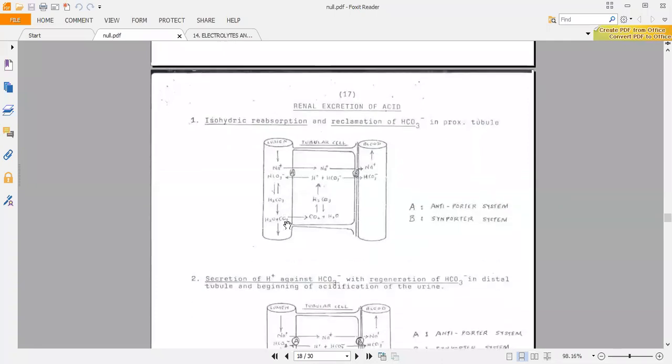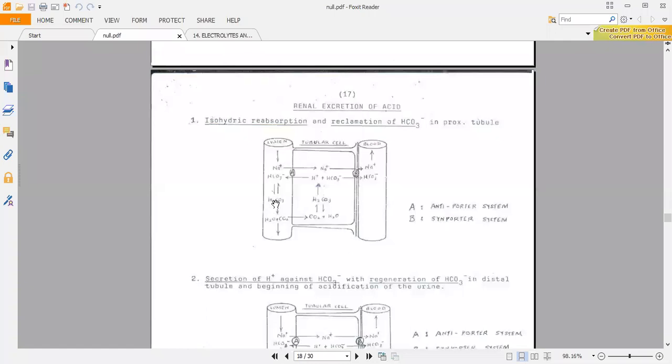Now the first step is that as the bicarbonate ions are coming through the lumen, we can convert the bicarbonate ion to H2CO3 by adding H plus to it.